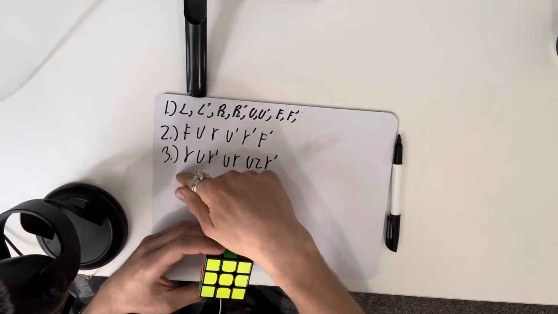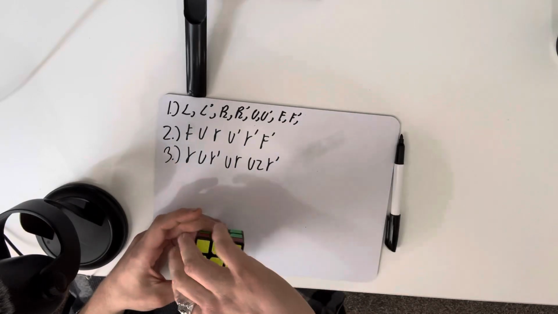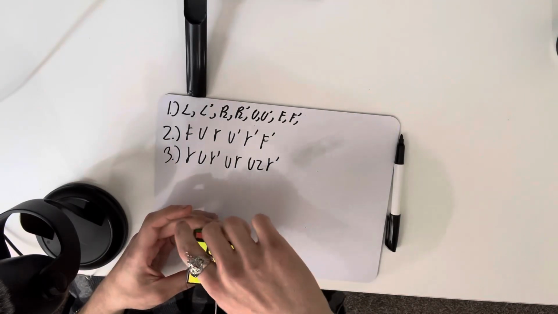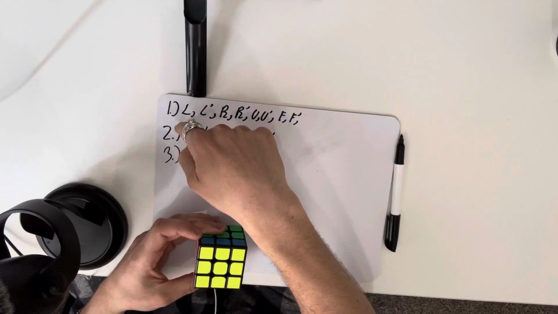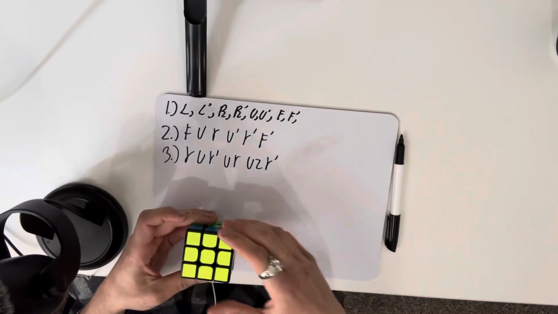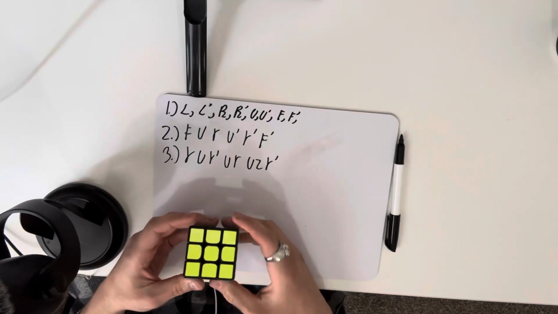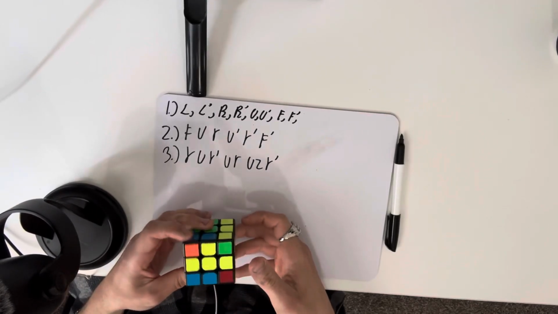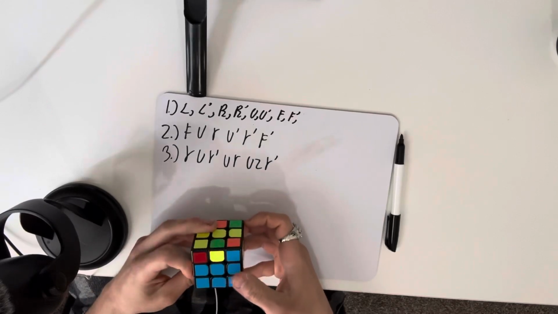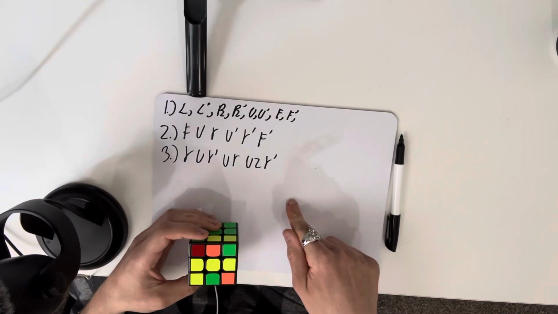But you basically just play around with moving this and then doing these two algorithms. There's a certain way that you can get it to the fish.